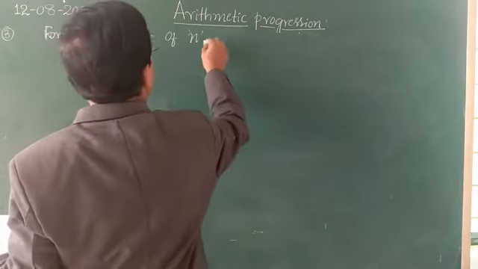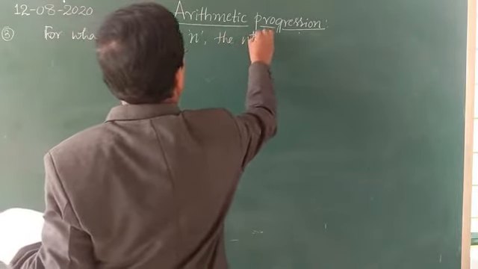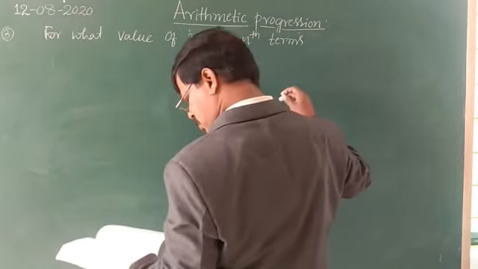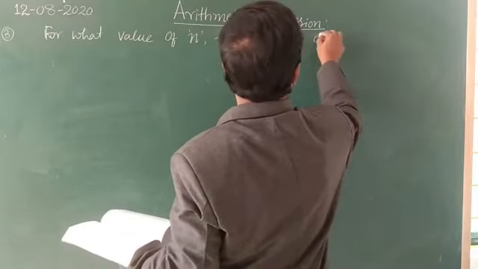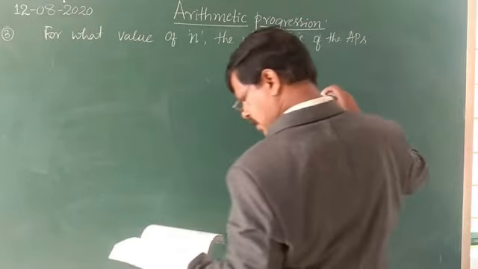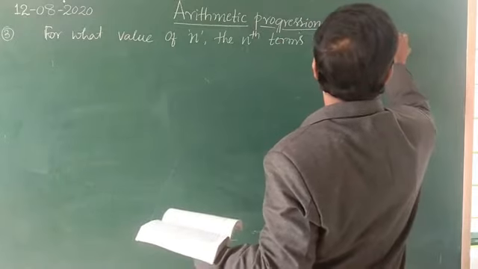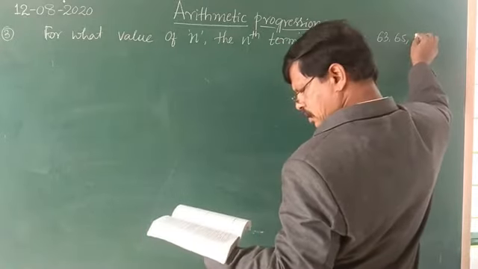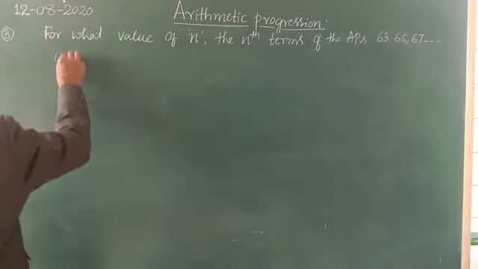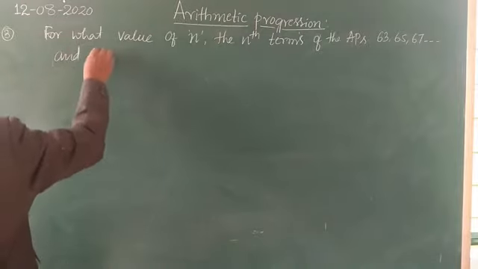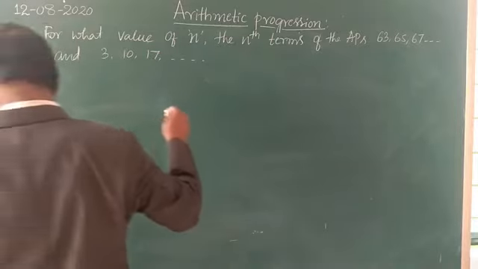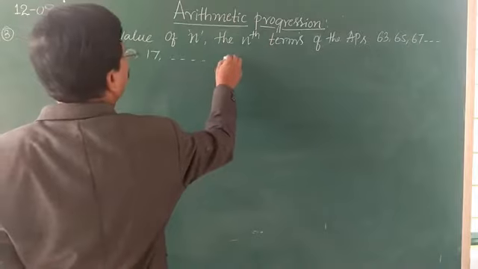For what value of n are the nth terms of the APs 63, 65, 67, etc. and 3, 10, 17, etc. equal?